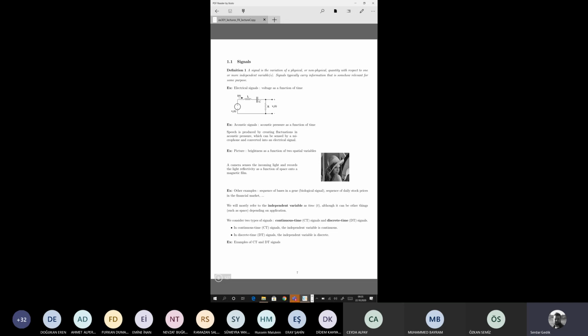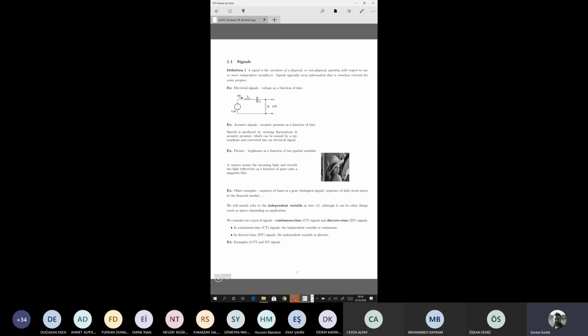If you have a camera and there is a scene with light, the camera senses the photon energy, the photon energy is converted to electrical signals, and the electrical signals are digitized, and it is your digital image at the output.